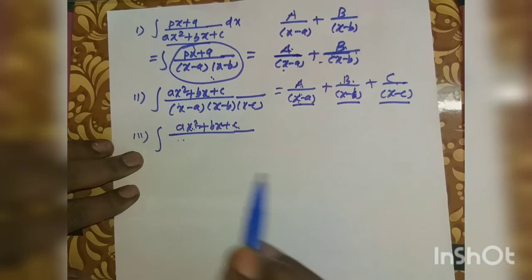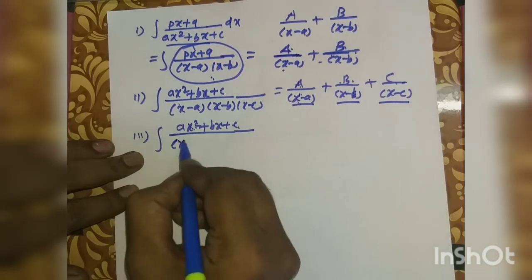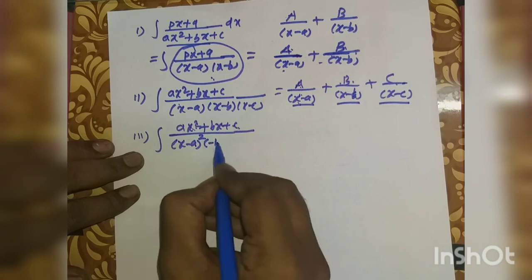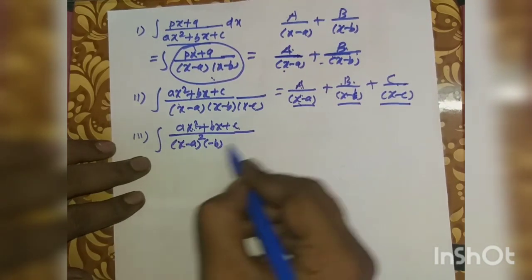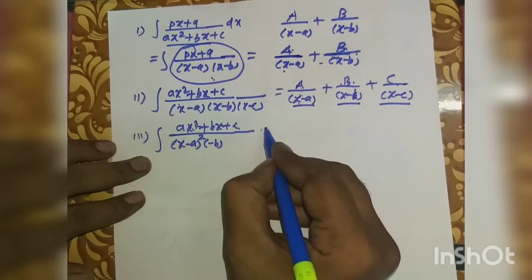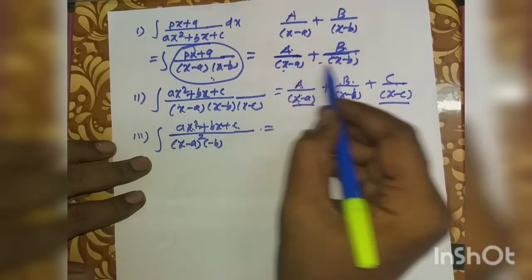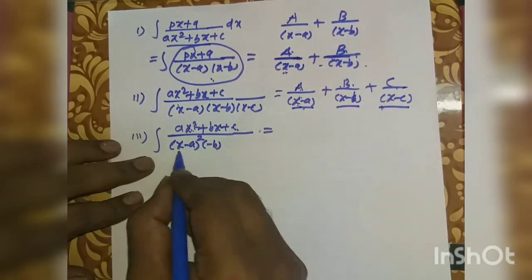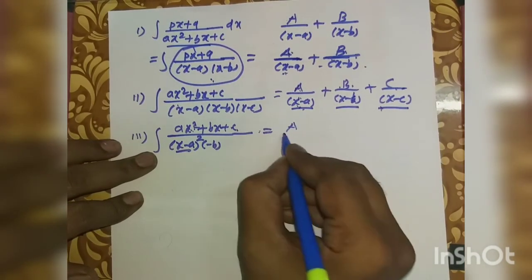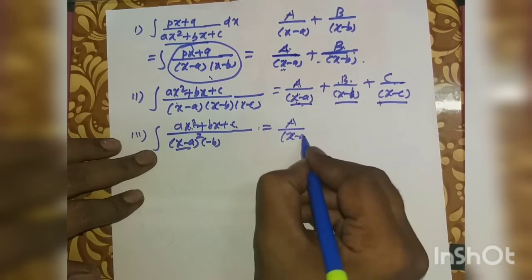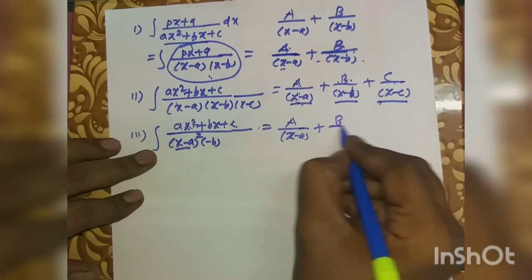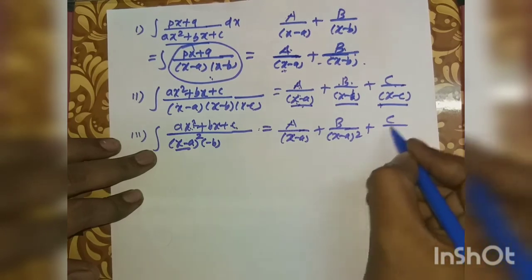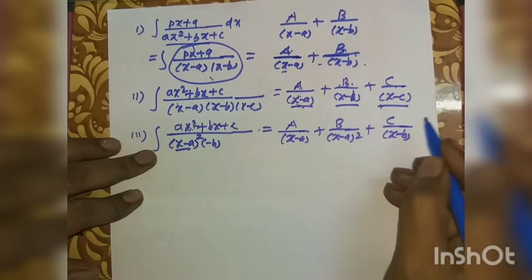Then we partially factorize: x minus a bracket square, x minus b. Now here there are three factors, but one factor is repeated. These two are real factors but not repeated, here one factor is repeated. Then we take a divided by x minus a plus b divided by x minus a bracket square and last c divided by x minus b.